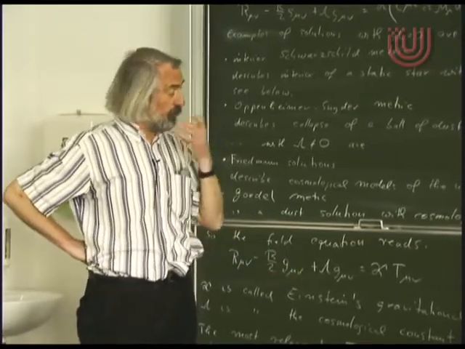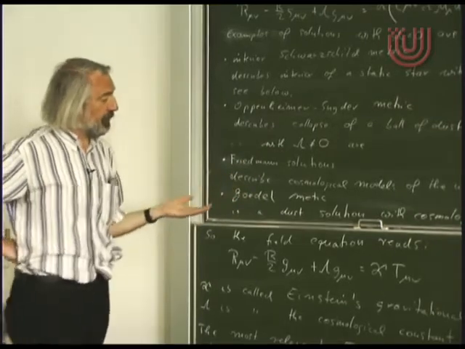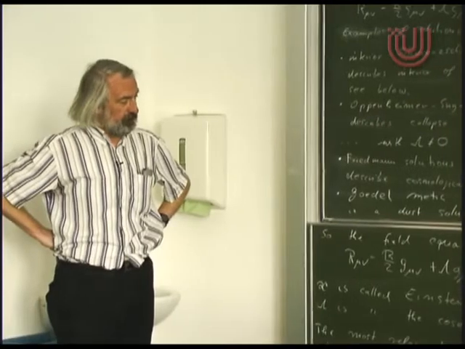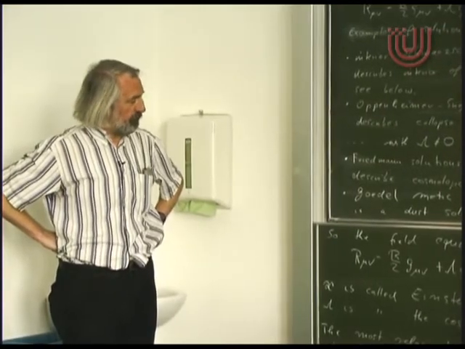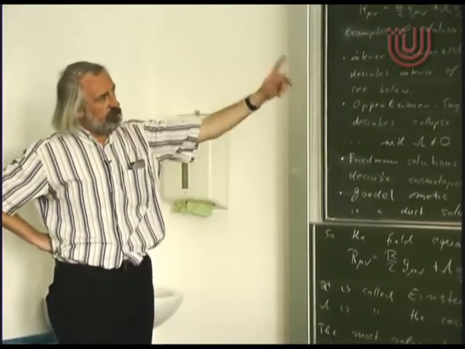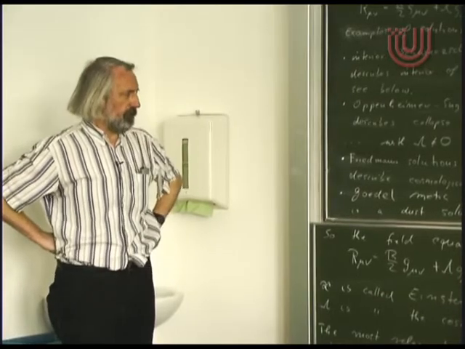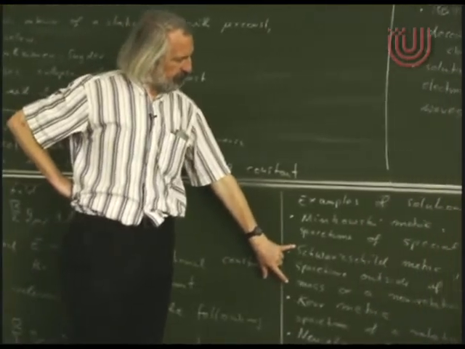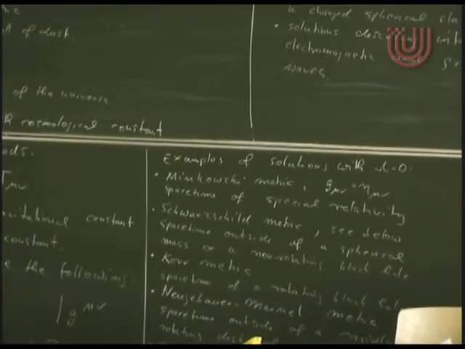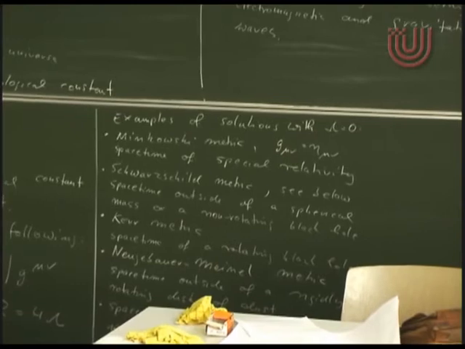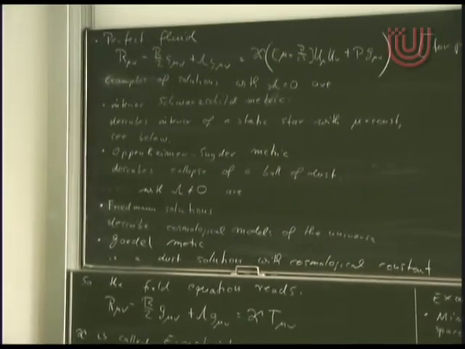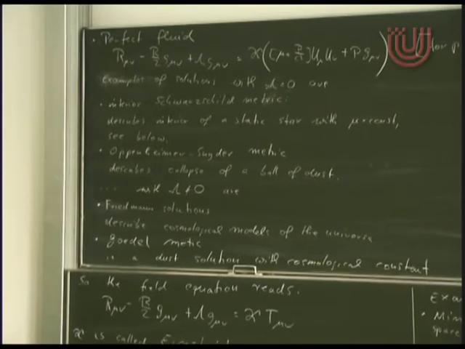Yeah? There are so many solutions which can be constructed mathematically. And the difficult thing is to find out those which are really physically relevant. So the ones I've mentioned here have, at least to some extent, certainly physical relevance. The most important ones are Schwarzschild, the static space-time outside of a spherically symmetric star. But also the Friedmann solutions are very, very important. And maybe these wave-like solutions are also relevant.